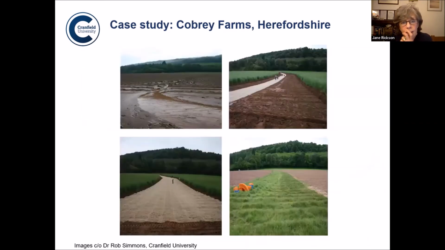So what we've done is to use our knowledge about geotextiles to help him build grassed waterways in his field. This is the sort of typical problem in the top left-hand corner, these gullies, these erosion features. We've then designed the width and capacity of this channel. We've lined the channel with a natural fibred geotextile to control the erosion in the short term.